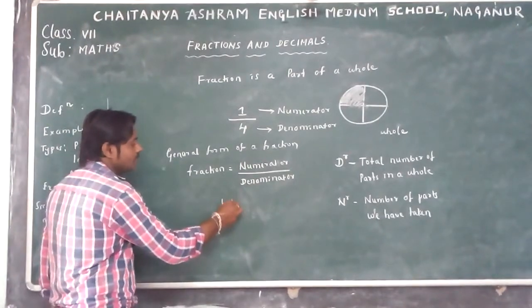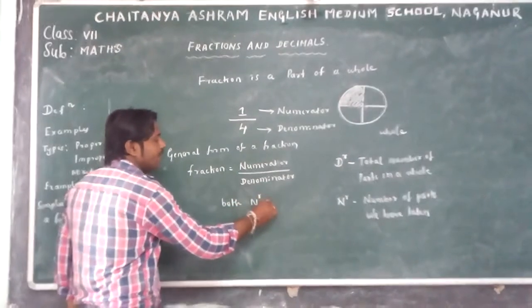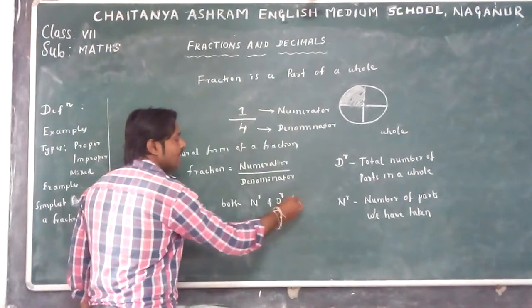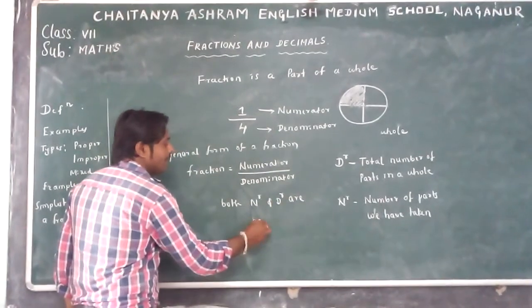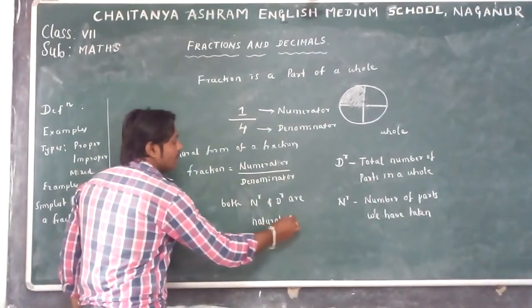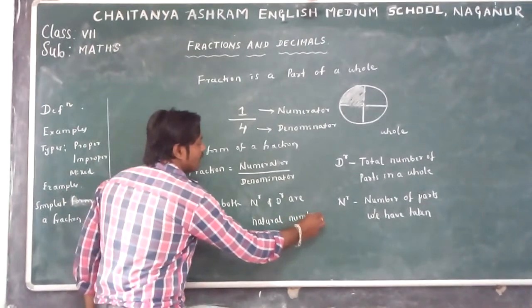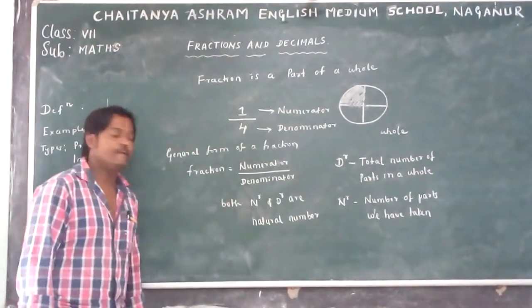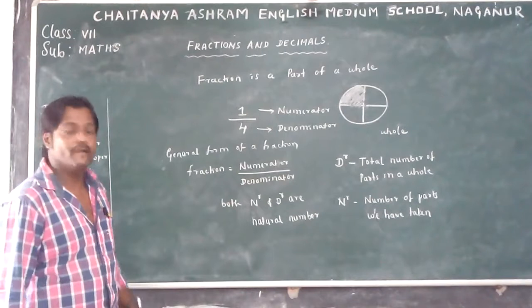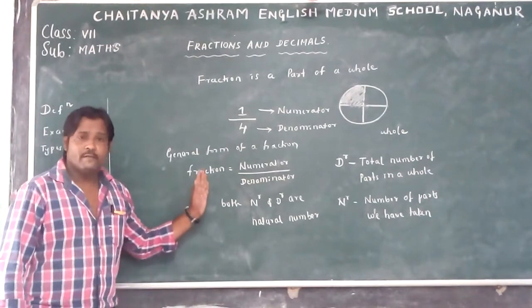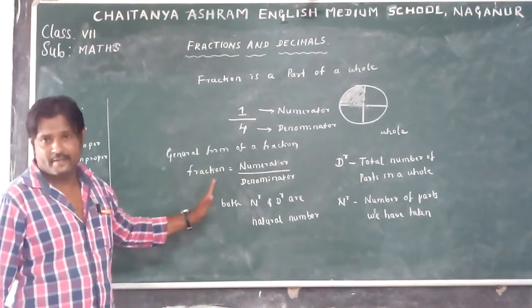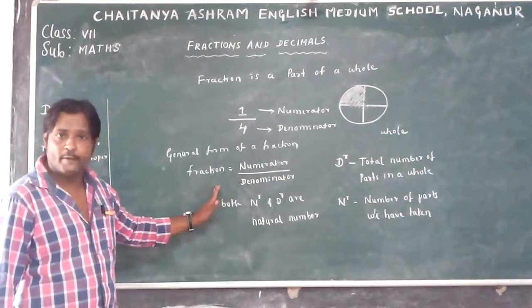Both numerator and denominator are natural numbers. This is the general form of a fraction. Understood?